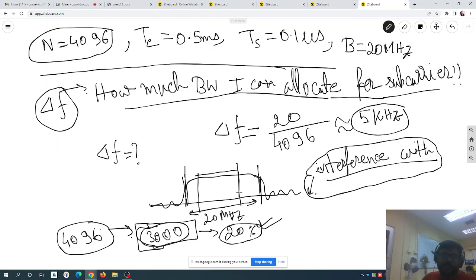Then within this duration, this is the 20 megahertz, but suppose we use from here to here only.